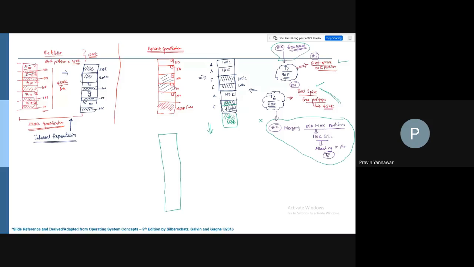So say we have got these: 100K allocated, this is 150K allocated. Then we have got 100K free, this is 10K free. Okay, then we have got 190K, right? Then we are going to get 110K allocated and 340K free.